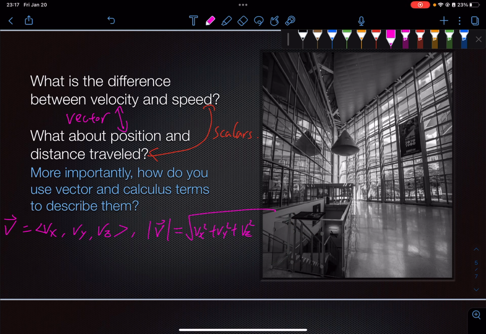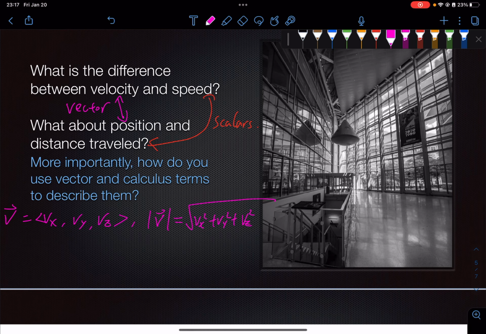And then for position, it's simply this: instead of r of t, I'm just getting x, y, and z. But for the distance traveled, this one is a bit more interesting.